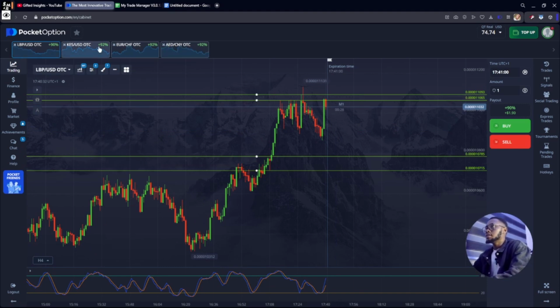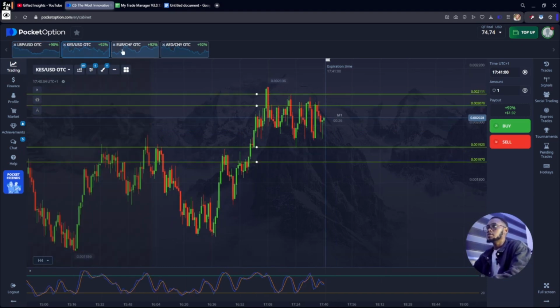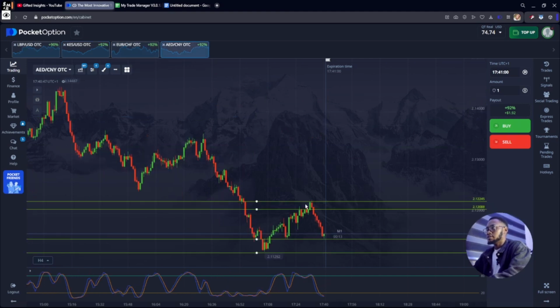So I've finished setting my support and resistance levels for each pair. For that pair, the payout is down to 90% instead of 92%. It's a little bit slow here because my system is lagging, and it's affecting the way I interact with the PC.